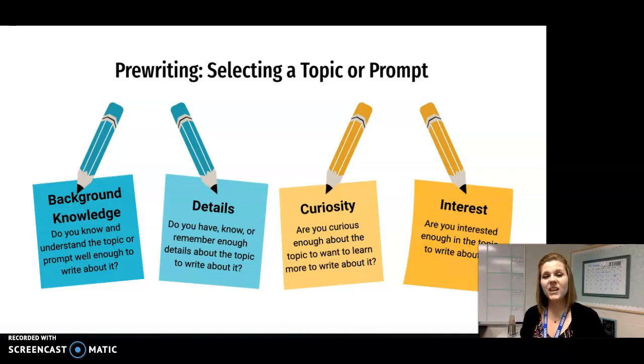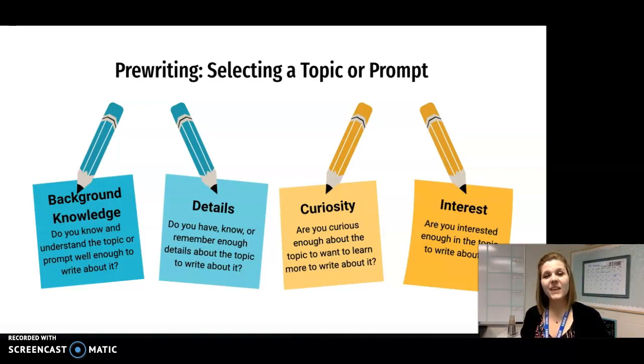Next, do you think that you'll have enough details to write an entire essay about it? Third, are you curious enough in the topic in order to learn more about it to write an effective paragraph? And finally, are you interested in the topic? If we don't have enough background knowledge, enough details, if we're not curious, or we're just not interested in a topic or prompt, we're probably not going to be very successful in writing our essay for it.